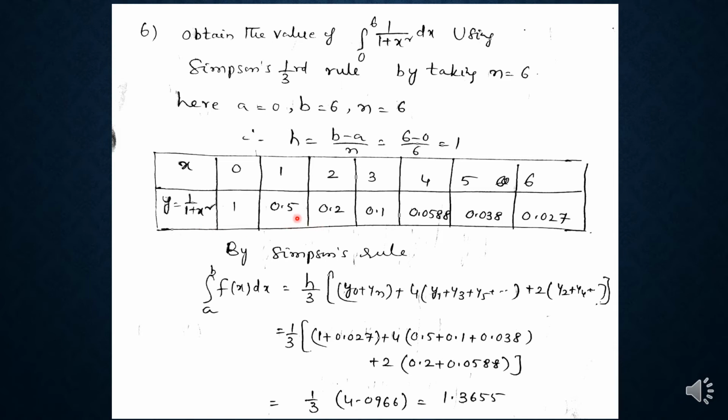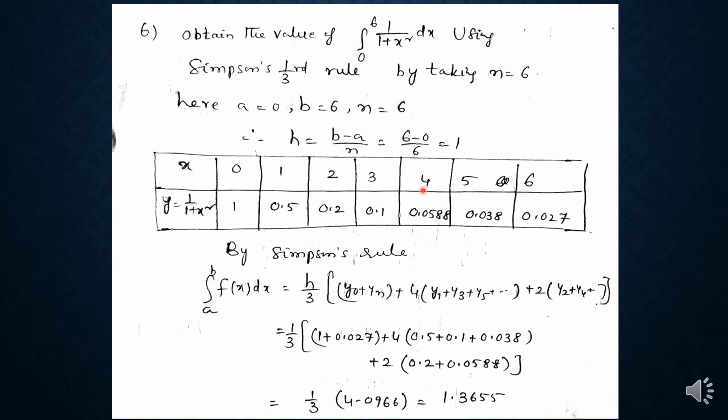That is 0.5. Next, x is equal to 2, 1 by 1 plus 2 square, that is 1 by 1 plus 4, 1 by 5, that is 0.2. Now 1 by 1 plus 3 square, that is 1 plus 9, 1 by 10, that is 0.1.